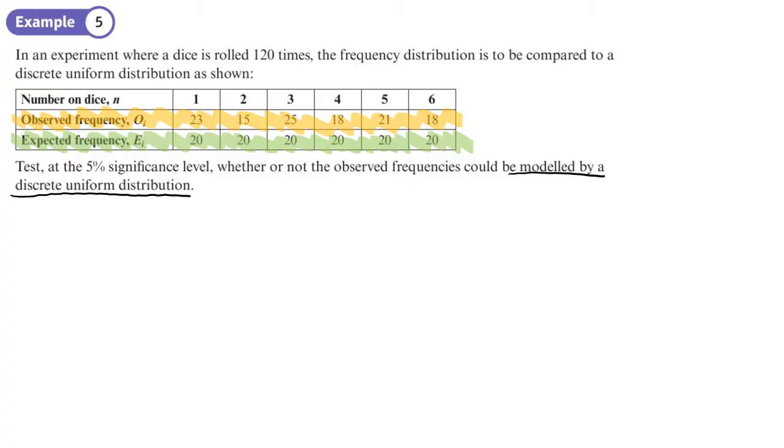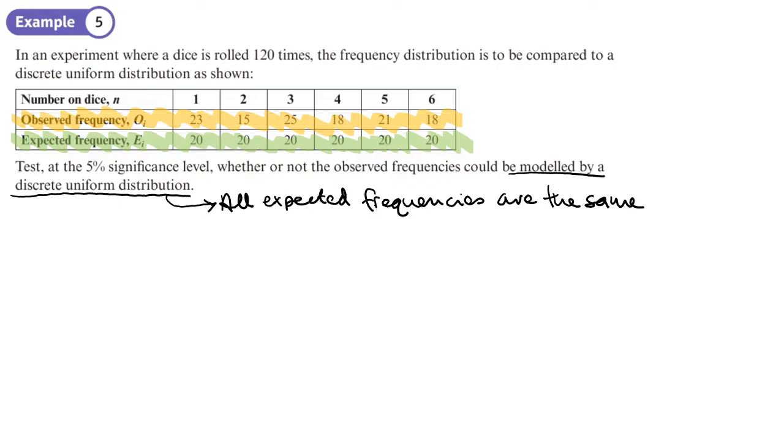In a discrete uniform distribution, all expected frequencies would be the same, and you can see in the table that they are the same.